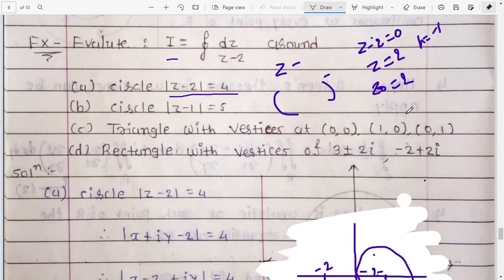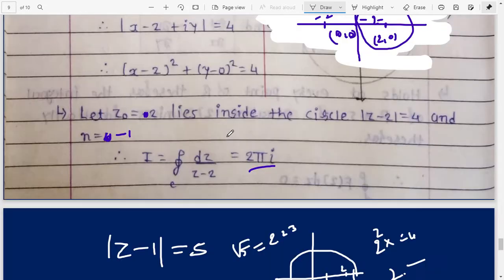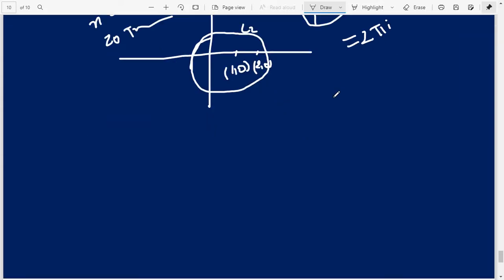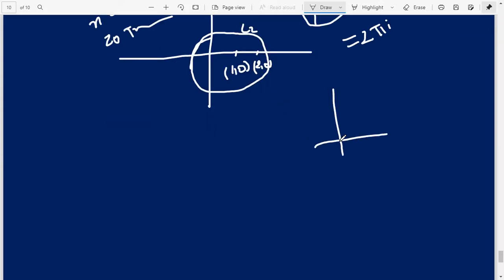For the triangle with vertices 0, 0, 1, 0, 0, 1: this is 0, 0, this is 1, 0, and this is 0, 1. 2 will be here.